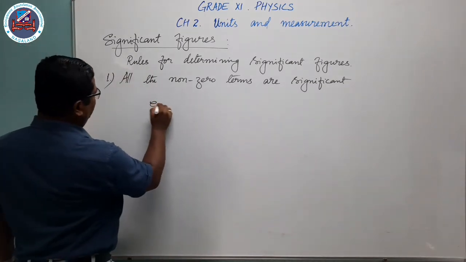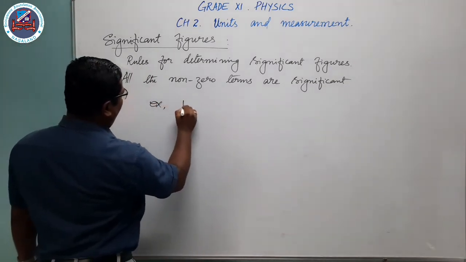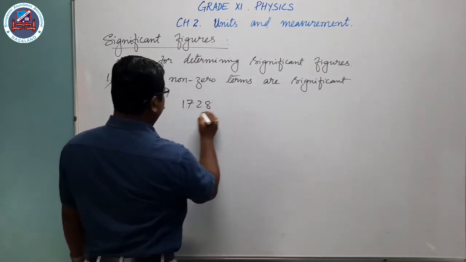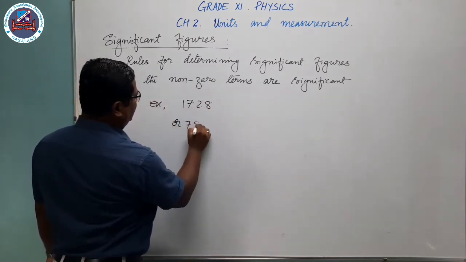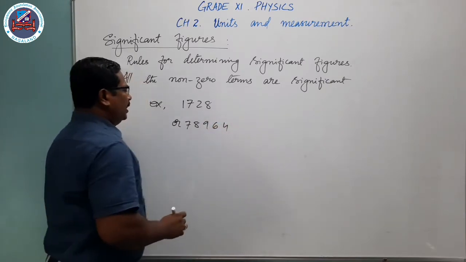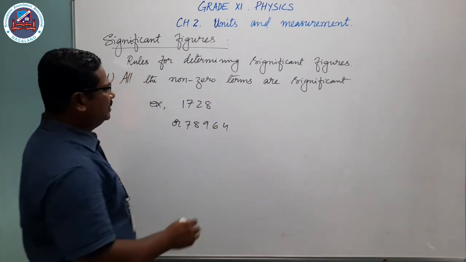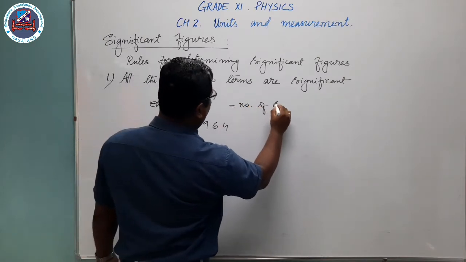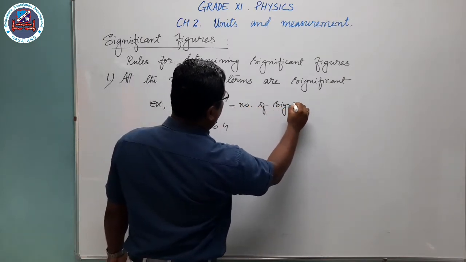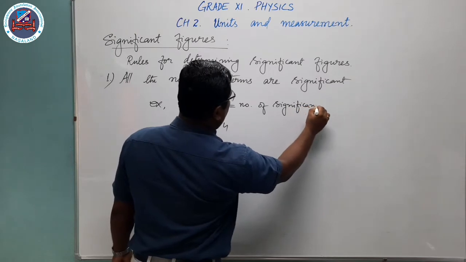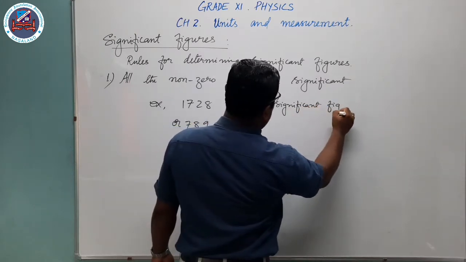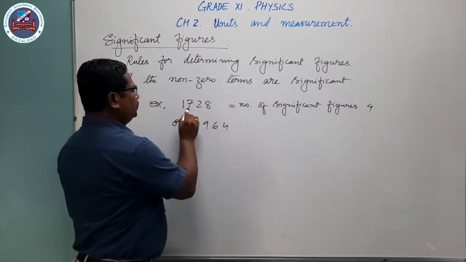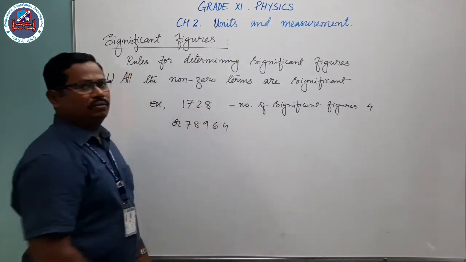For example, if I take 1728 or if I take 78964, then how many significant figures are there? Then you say the number of significant figures, it is 4. 1, 2, 3 and this one is 4.